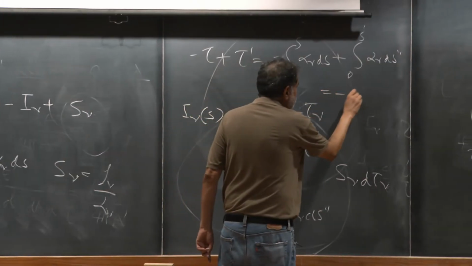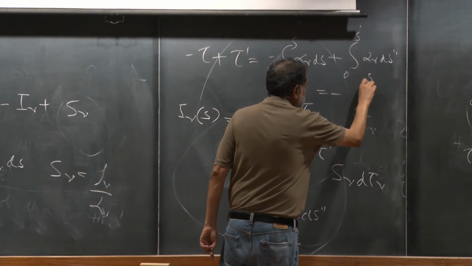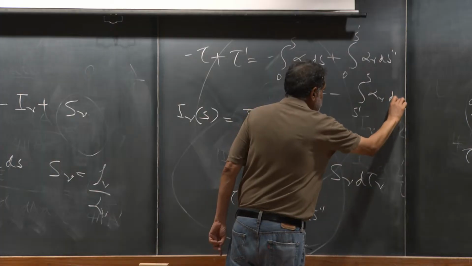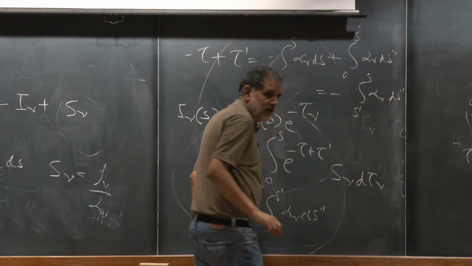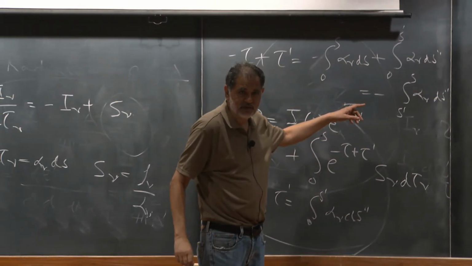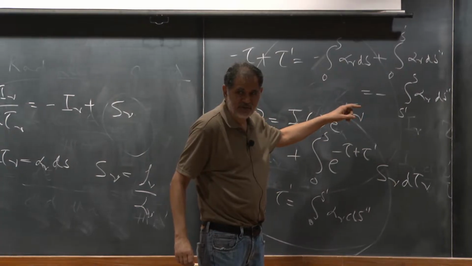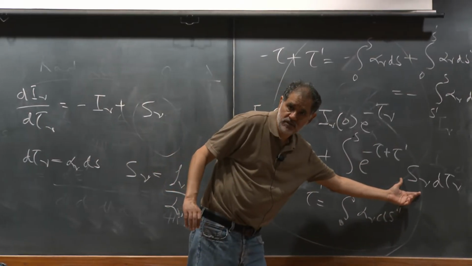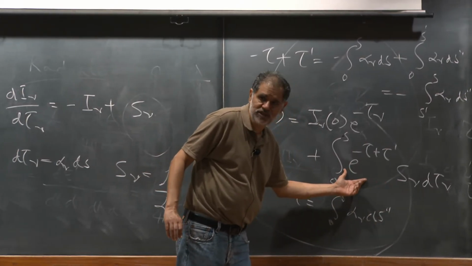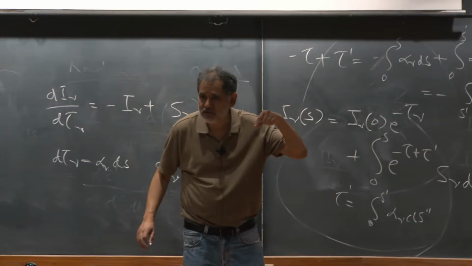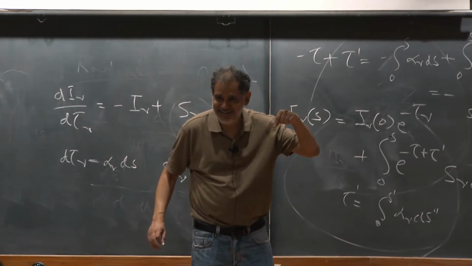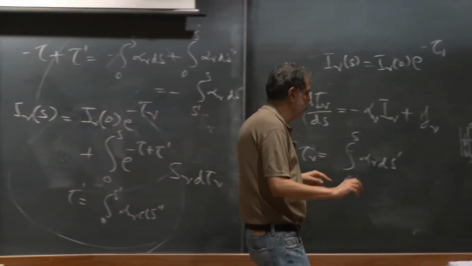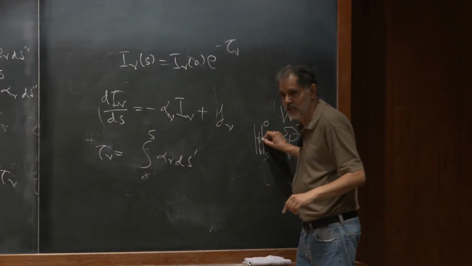Actually this is minus. Can you tell me what this means? Photon is emitted, but as it travels towards us, it also gets absorbed. So let's ask ourselves what happens to a photon that is emitted here at s prime.